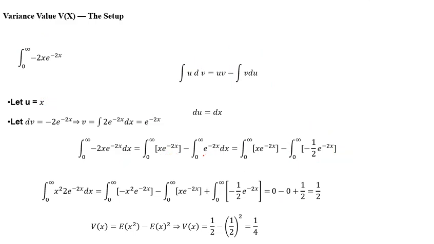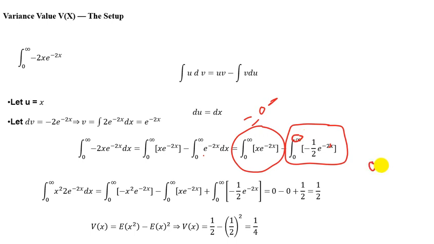We replace the x here by infinity, we get 0 minus, then we replace x by 0 here, we get minus 1 over 2, so minus minus becomes plus, so it's 0 plus 1 over 2.